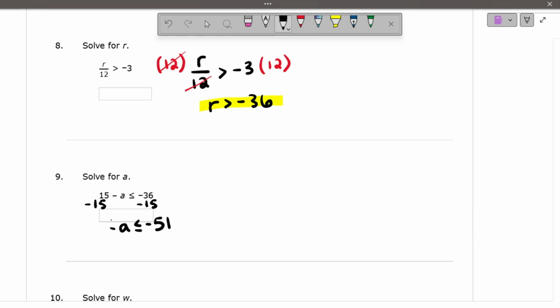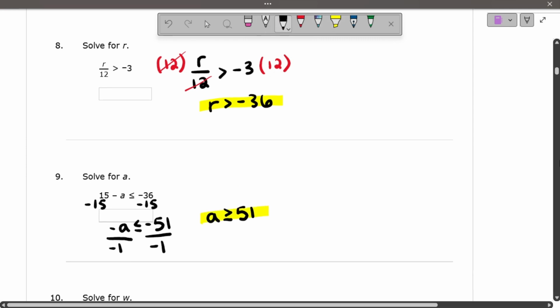So in order to get rid of that, we can either divide or multiply by a negative 1. Usually I just like to call it division. But when that happens, there's a special rule with inequalities that makes it so that we have to flip our sign face the opposite way. So right now it looks like this, but after we divide by negative 1, our answer is actually going to be a is greater than or equal to 51. So that sign has to flip. So be super careful when dividing by a negative.